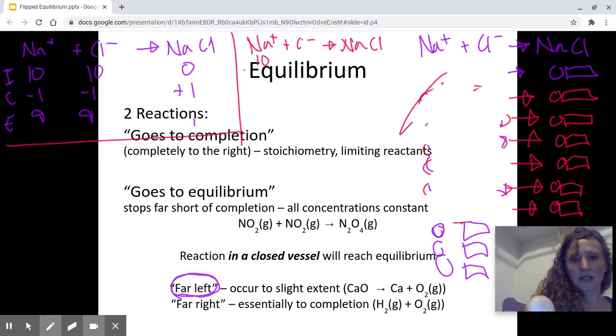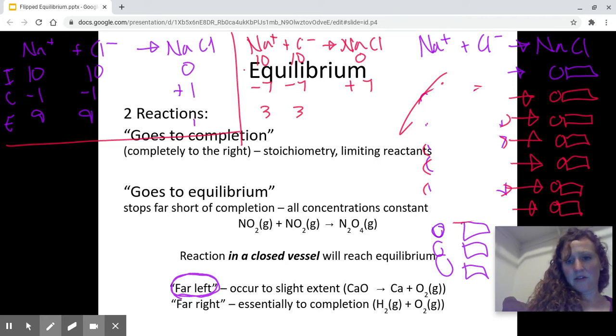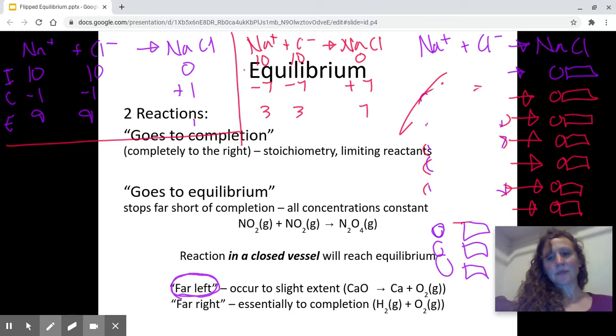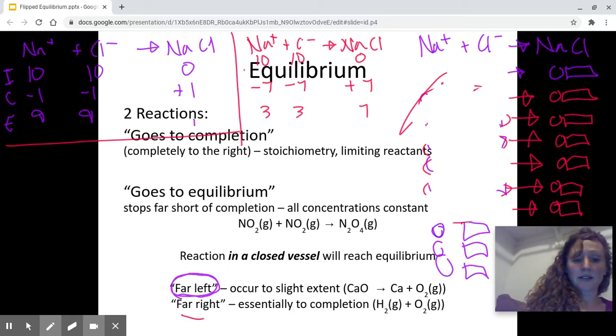Initially I had 10, 10, and 0, just like the first time. My change was what, 7? So I use 7 of my reactants. I form 7 of my products. I have 3 of each reactant left. I have 7 of my product left at equilibrium. Okay, this would be a scenario we would call far right.